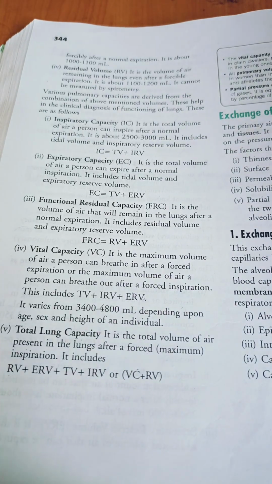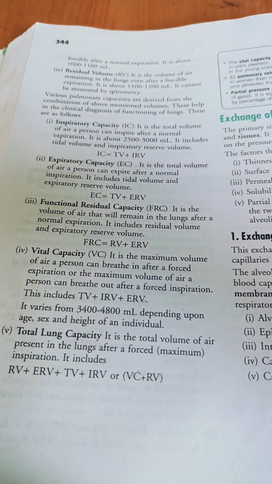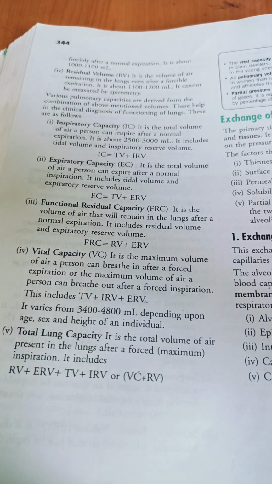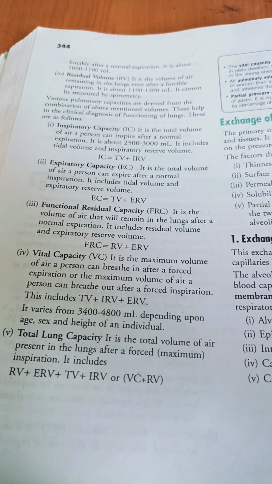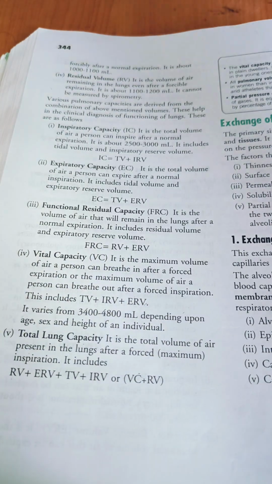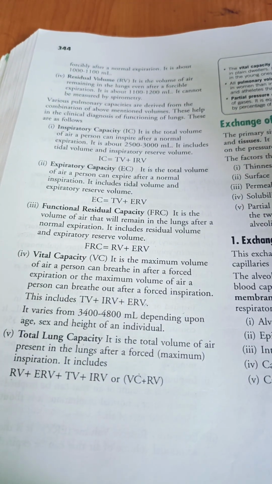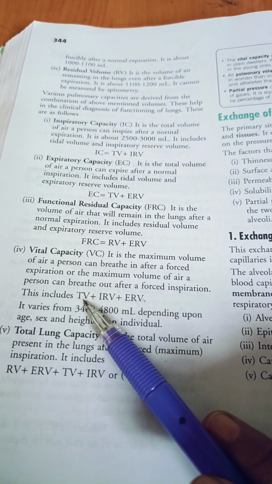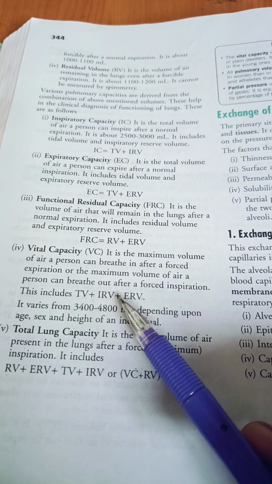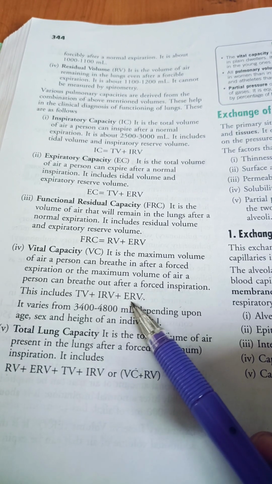Forceful inspiration, then how much you normally expire, and if you forcefully expire, how much you normally inspire. That much air your lungs need after expiration, or after forceful inspiration, how much your lungs want to throw out as extra air. That is vital capacity. It includes tidal volume plus inspiratory reserve volume plus expiratory reserve volume.